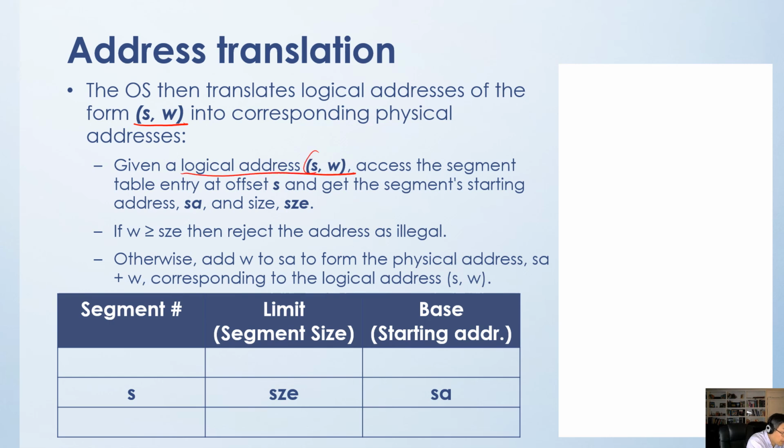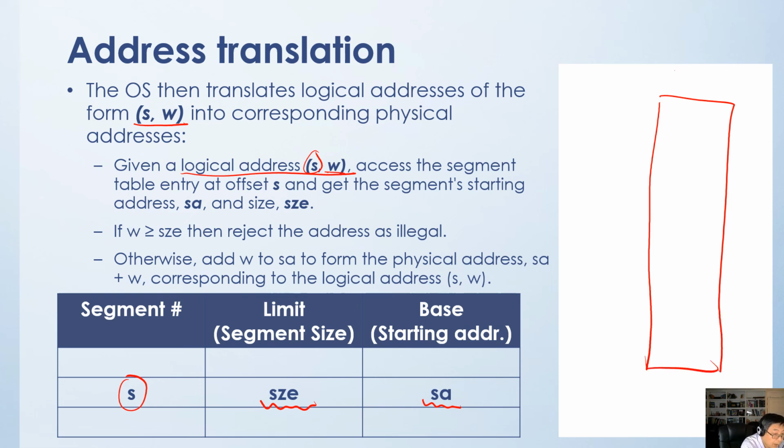Now the first part is the segment number, and the second part is the offset. Based on the segment number, we look at the segment table, and then we find out the size of this segment and the starting point of this segment in the physical memory.